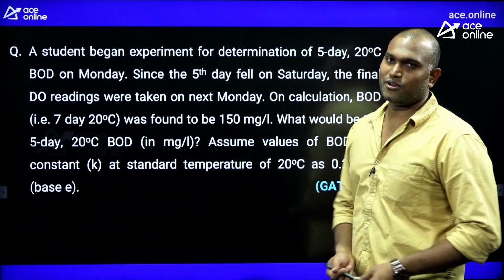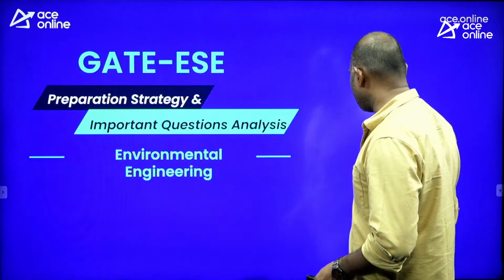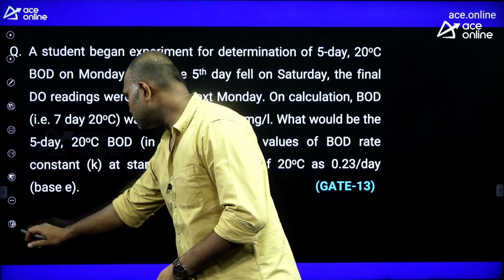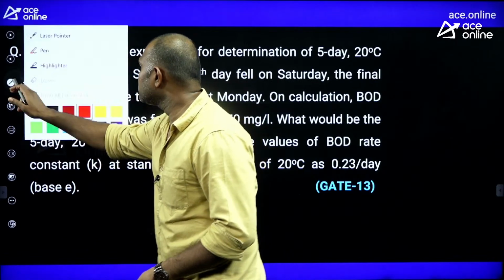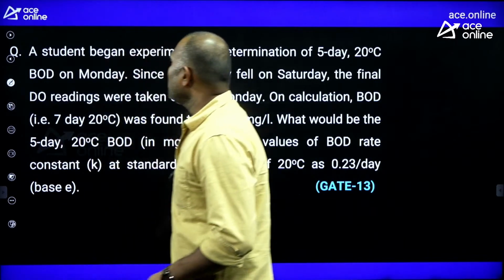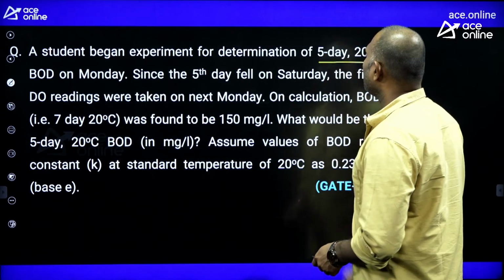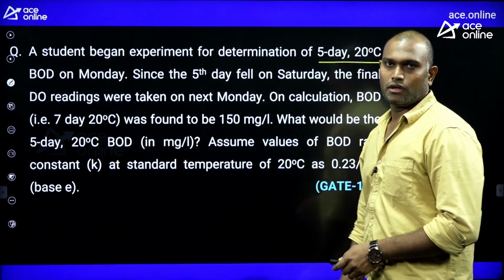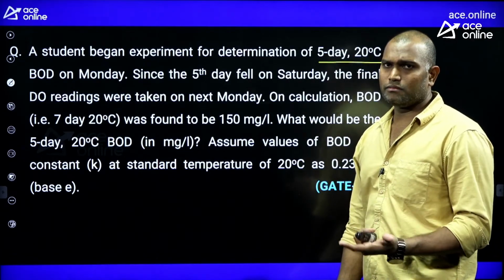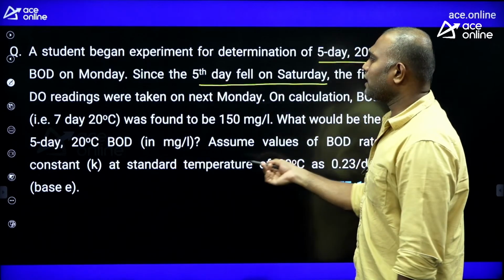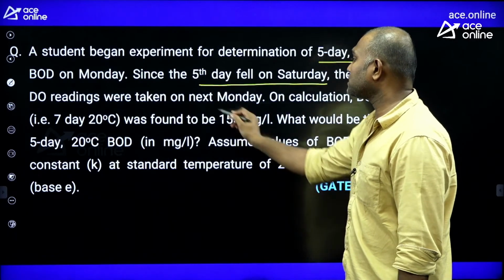Now coming to this question, this was a previous GATE question that I was discussing over here. A student began an experiment for determination of the 5-day 20 degrees BOD on Monday. So he wants to find the 5-day BOD, but since the 5th day fell on a Saturday, the final DO readings were taken on the next Monday.